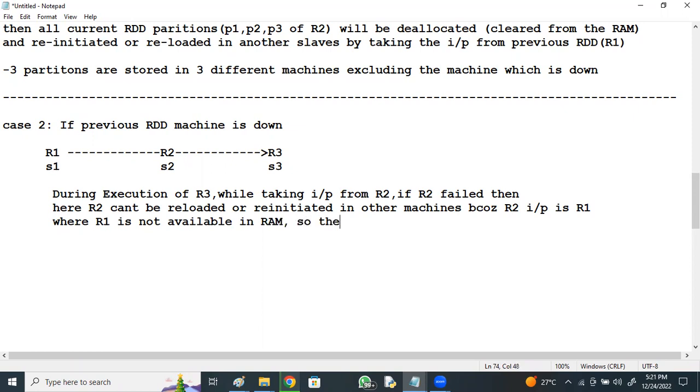So here, just like the previous example, when any one partition of R2 is down, then R2 can't be reloaded by taking input from R1, because R1 is not available in the RAM.